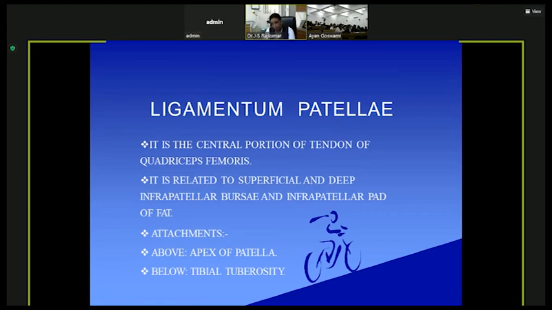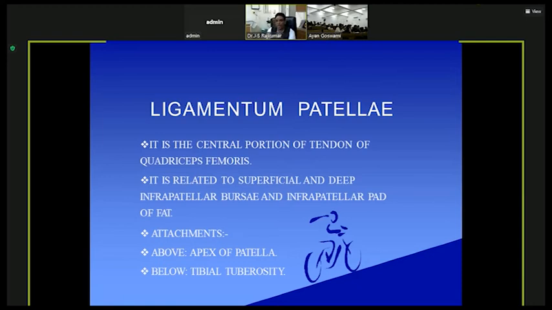The ligament runs between the patella and the tibial tuberosity, being inserted into the tibial tuberosity and arising above, or superiorly, at the level of the apex of the patella. That is your ligamentum patellae. It is nothing but the central part of the quadriceps femoris that comes down.